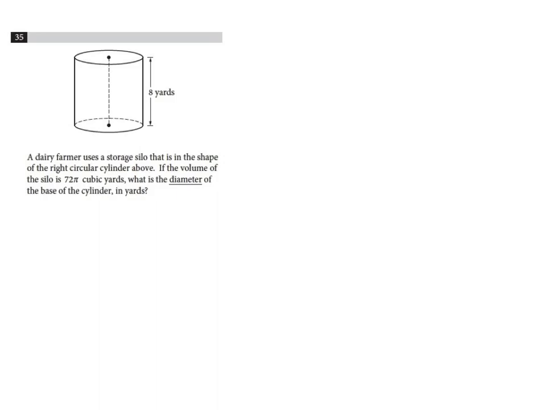Okay, so we're talking about the volume of a cylinder, so we need to be thinking about the formula for that. Now we could go back to our formula page real quick, and we would see that the volume for a cylinder is going to be pi r squared times the height.